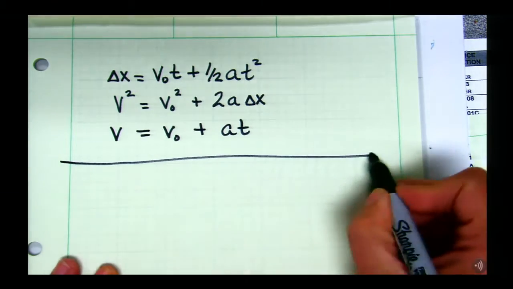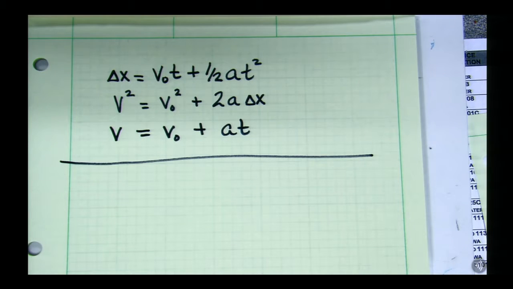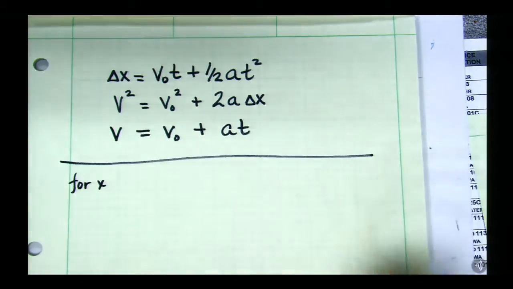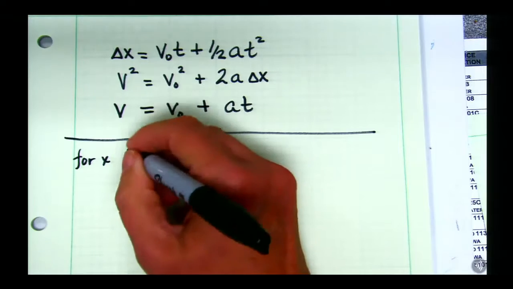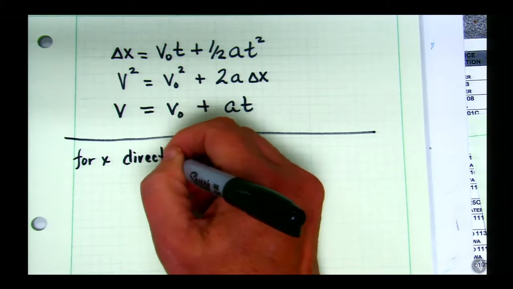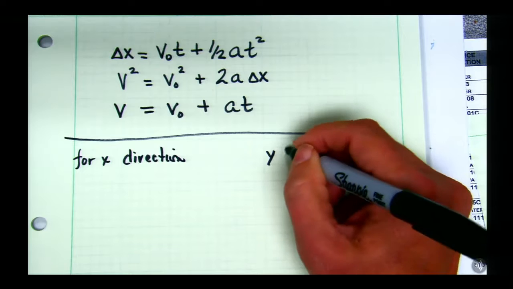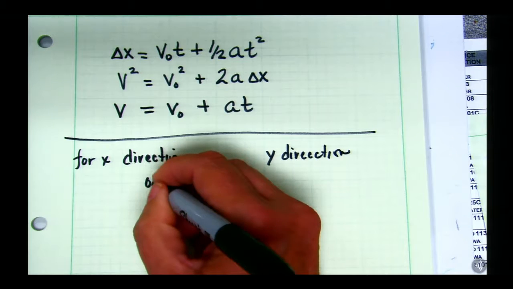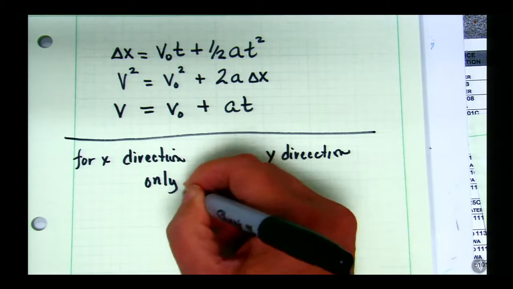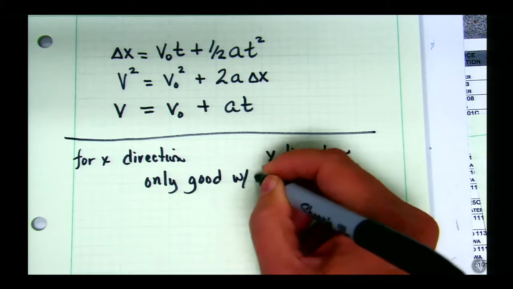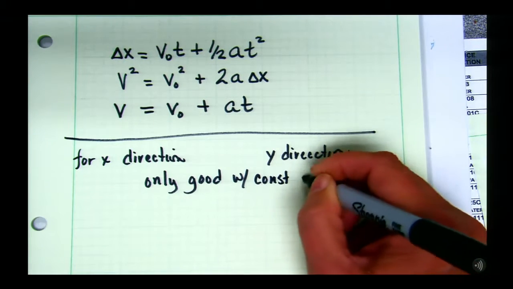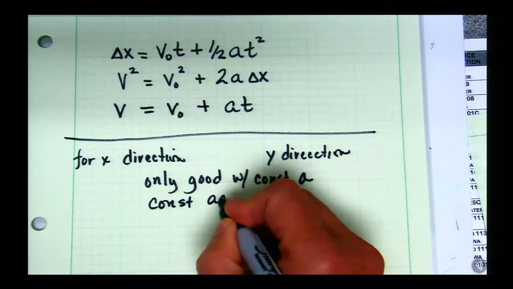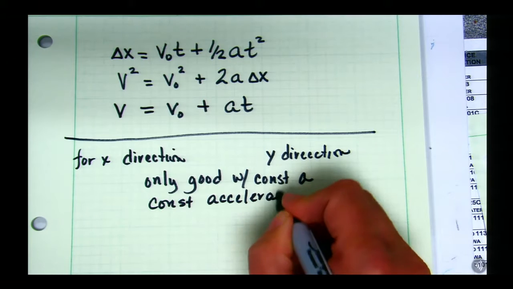Those were our general equations. Now if I write them for the x direction, and then I write them for the y direction, this is only good when I have a constant acceleration, and that constant acceleration is gravity.